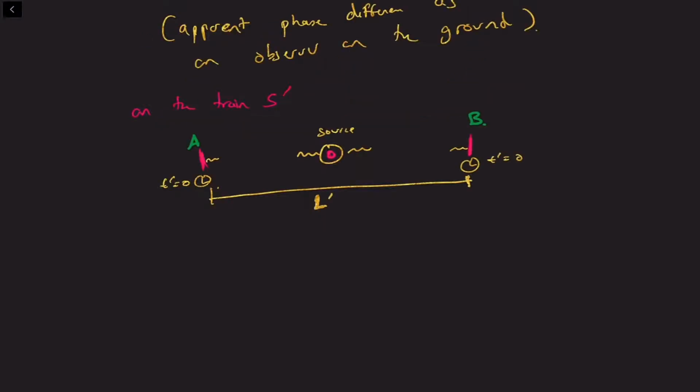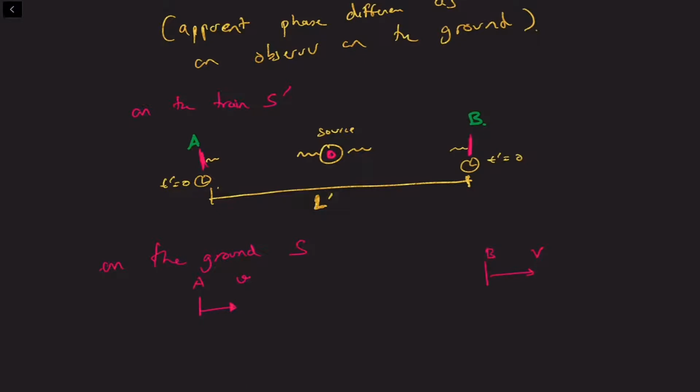Now, from the perspective of an observer on the ground, that is in frame S, the detectors A and B are moving to the right with some velocity v, let's say. So A is moving to the right with a speed v, B is moving to the right with a speed v.